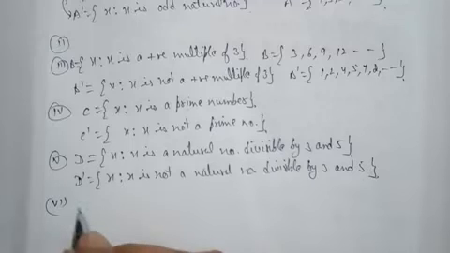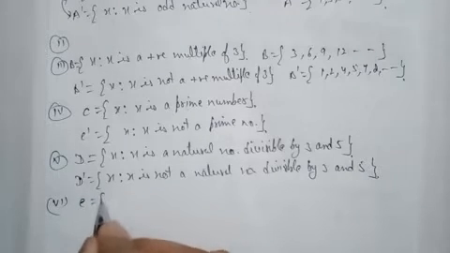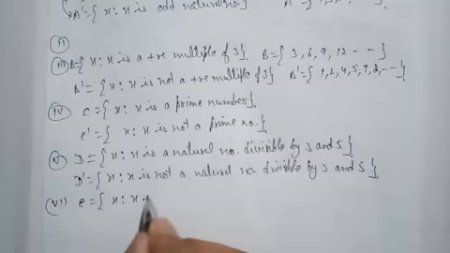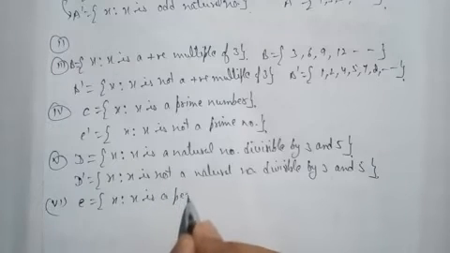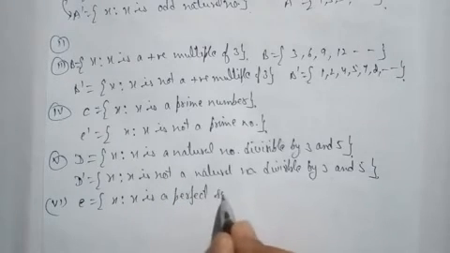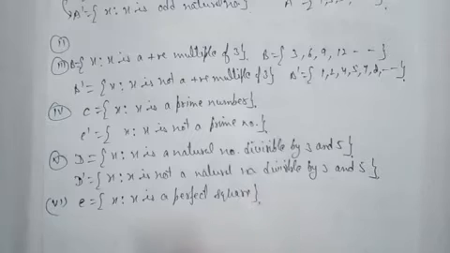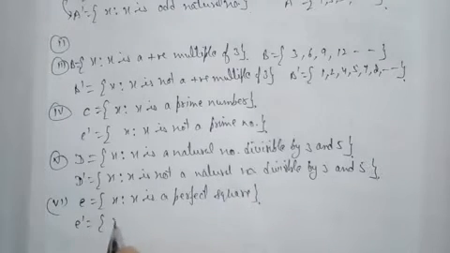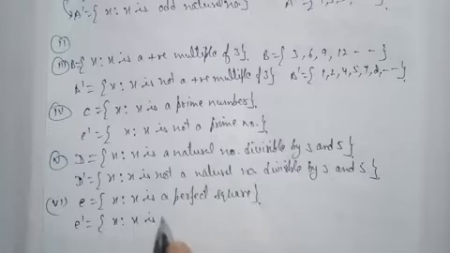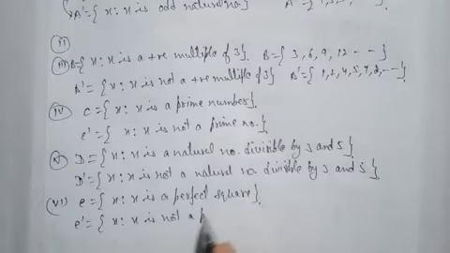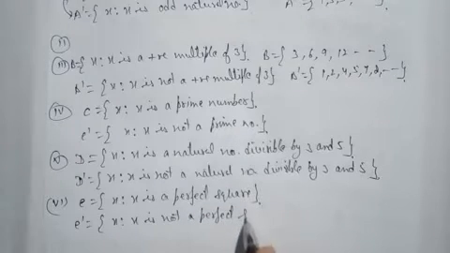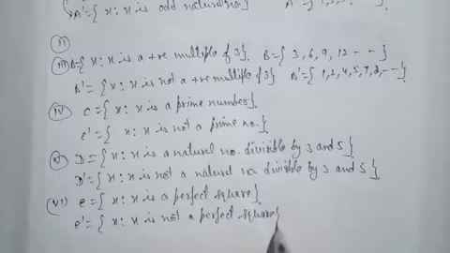Sixth is x is a perfect square, x such that x is a perfect square. So similarly you can write E complement, x such that x is not a perfect square. Clear.